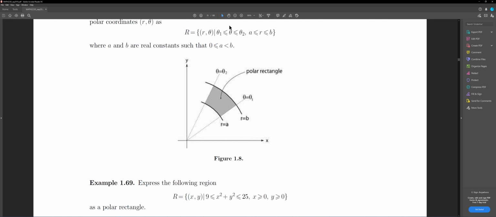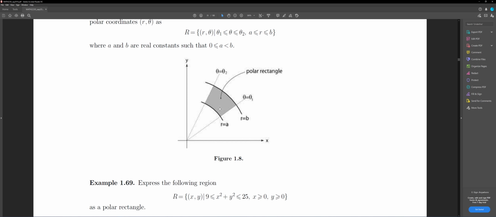Okay, so what we're looking at is if we just focus on these inequalities over here, theta bigger than or equal to theta 1 and theta less than or equal to theta 2. What that means is we're looking at points inside this wedge formed by the lines theta is equal to theta 1 and theta is equal to theta 2, right?